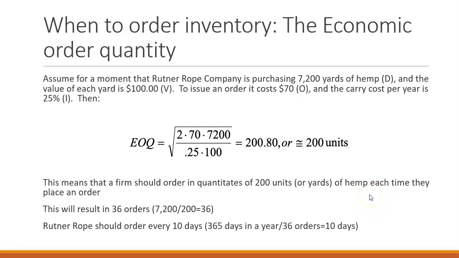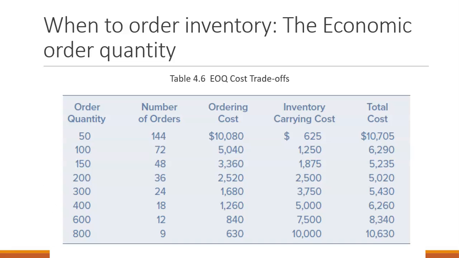The lowest cost is to order 200 units 36 times a year, or to place an order for 200 units every 10 days. So this next slide shows a cost trade-off. So this is also back to our hemp order. So you can see here at the 200 order at 36 orders a year, our order carrying costs and our inventory costs are almost identical.